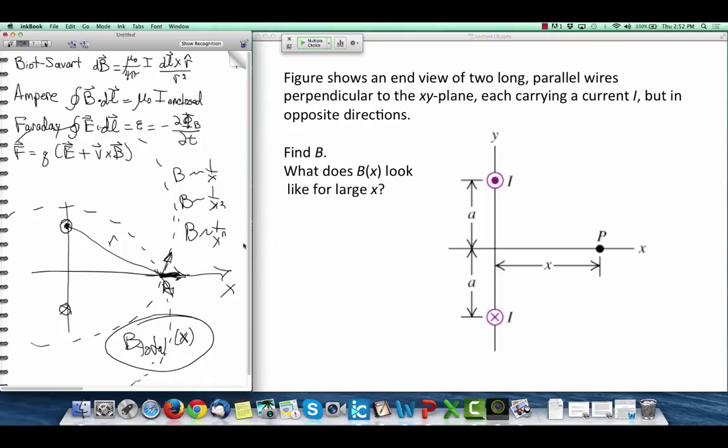So let me leave it that way, and I'll probably write something out and give you a hint as to how to do that kind of thing. But that's what they're looking for there. How does B vary with x when x is large? So in that limit. And it can drop off in all sorts of ways.